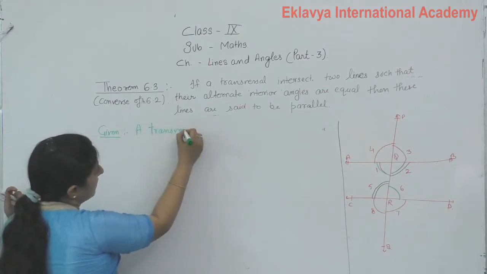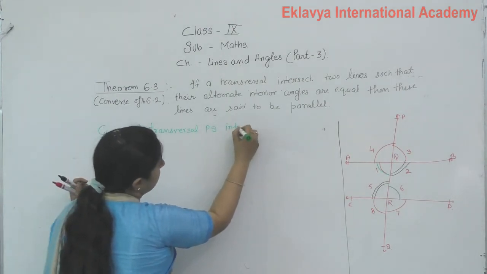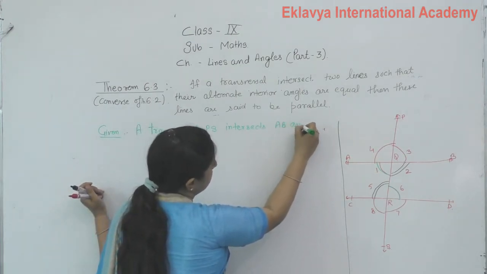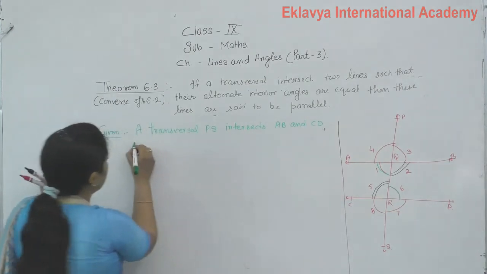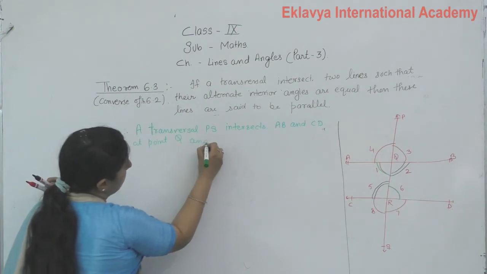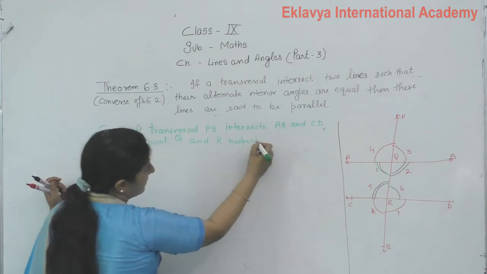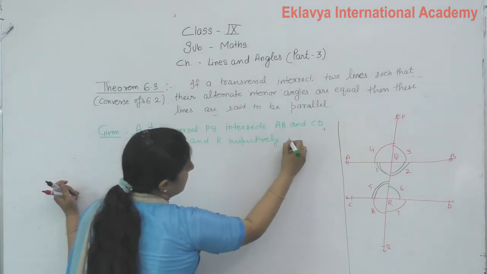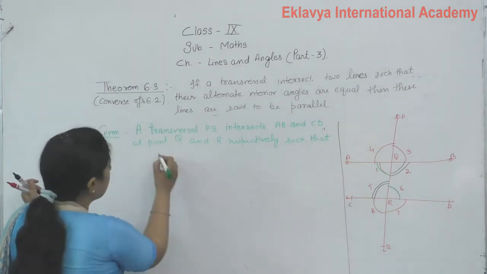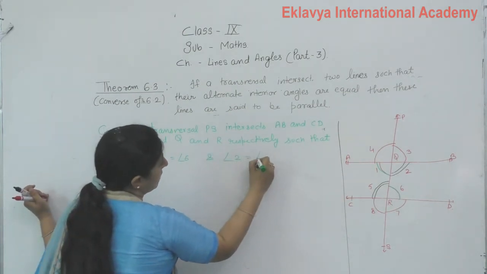A transversal PS intersects AB and CD at points Q and R respectively, such that, if I write down the numbers, angle 1 is equal to angle 6 and angle 2 is equal to angle 5.